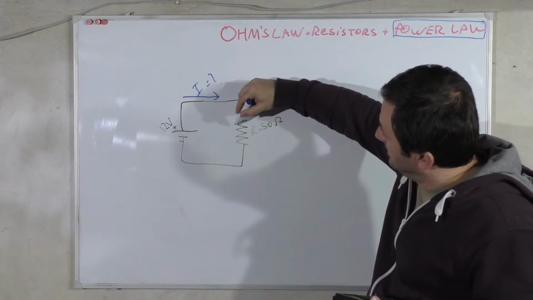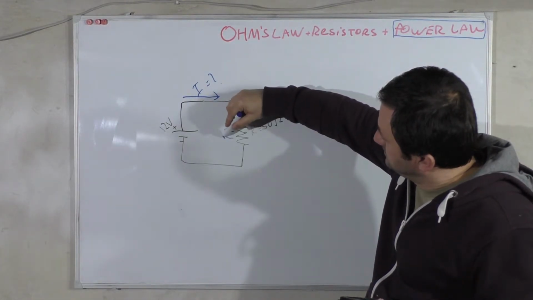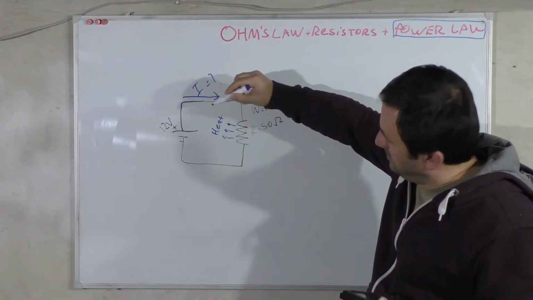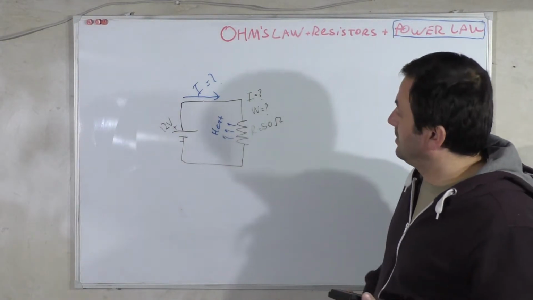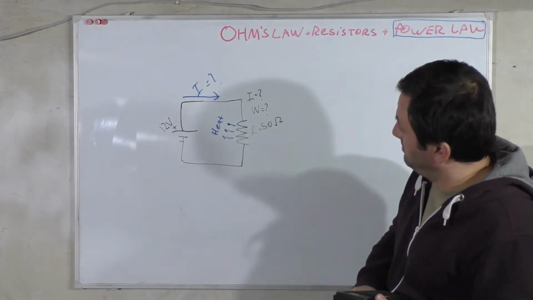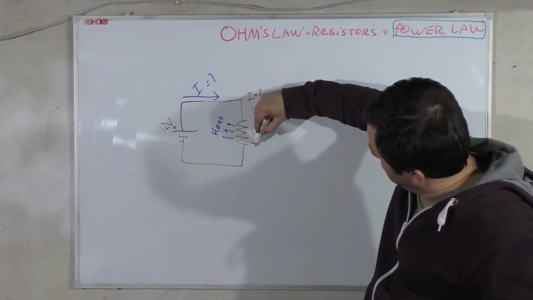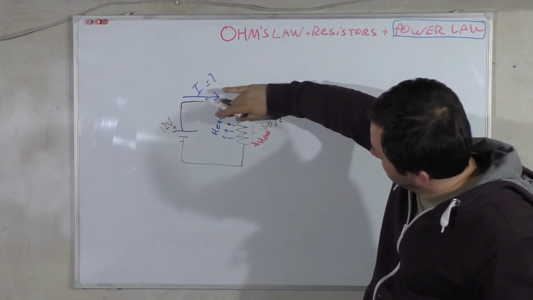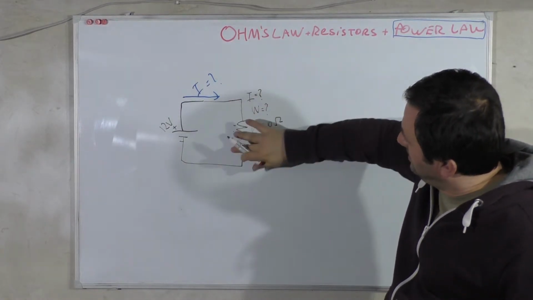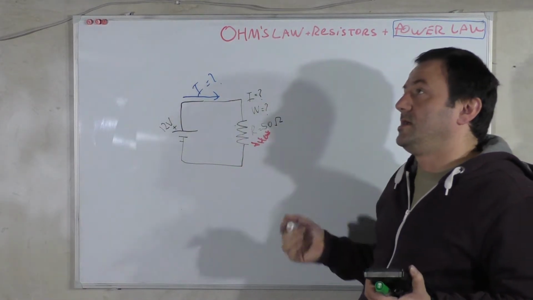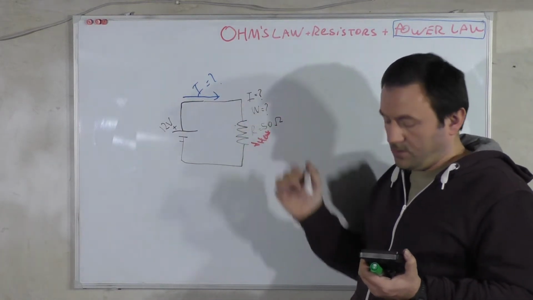It's dissipating heat. I must draw that heat in red, because it's dissipating that voltage, and it generally generates heat from the current flow.